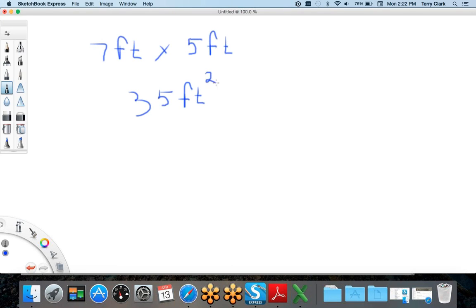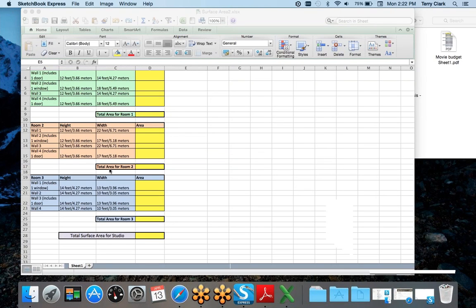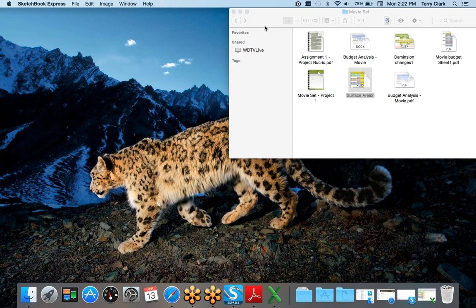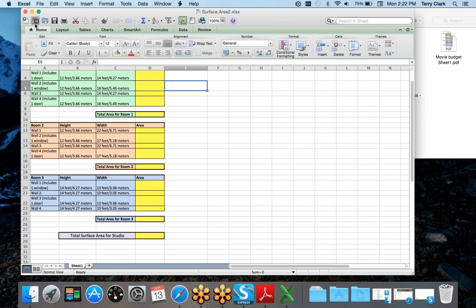So that's our final answer, 35 square feet. And that's how we do the surface area.